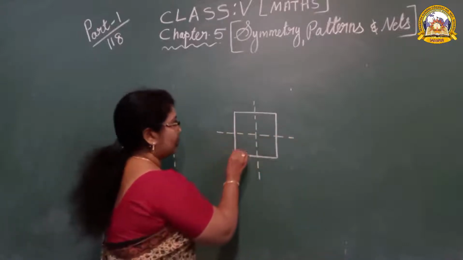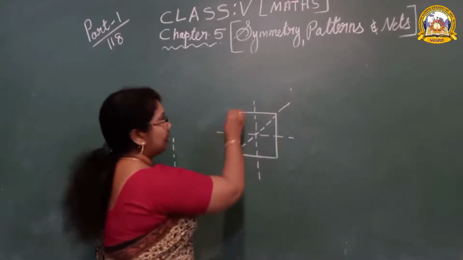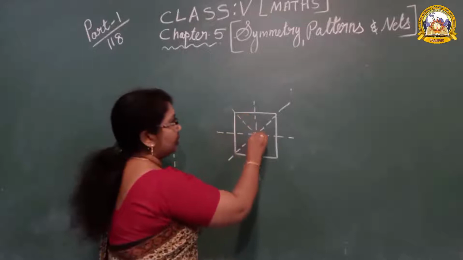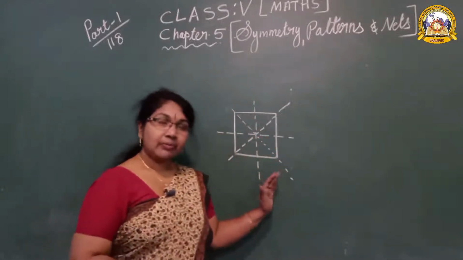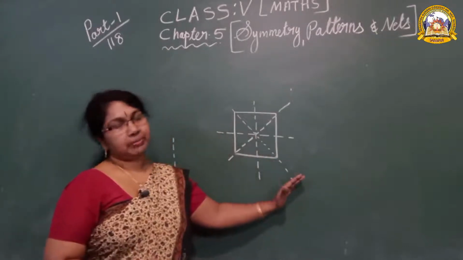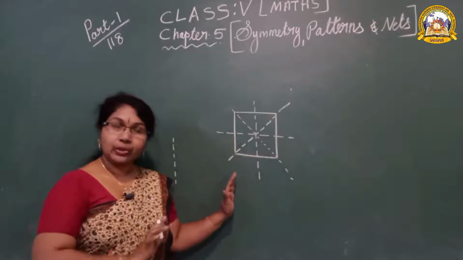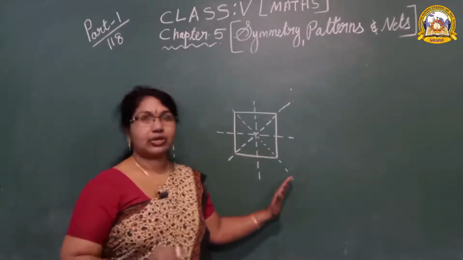So if we can draw like that, it is also a symmetrical line. That means some figures have more than one line of symmetry. Some figures do not have any symmetry. Some figures have only one line of symmetry.